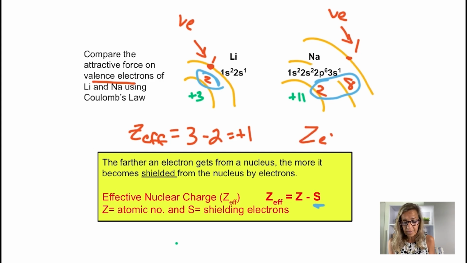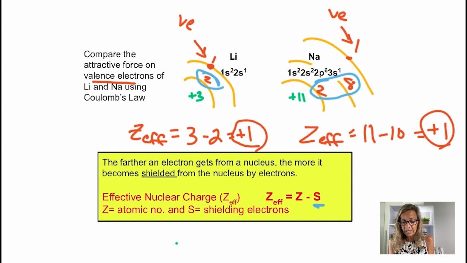For sodium, I've got 11 protons, 11 atomic number, and then I've got 10 shielding electrons, and look at that, I've got the same effective nuclear charge. So this is what we would use in our Coulomb's law equation if we were actually calculating that. That's the positive nuclear charge that's pulling on that electron. So they're the same, and the charge of the electron is the same.